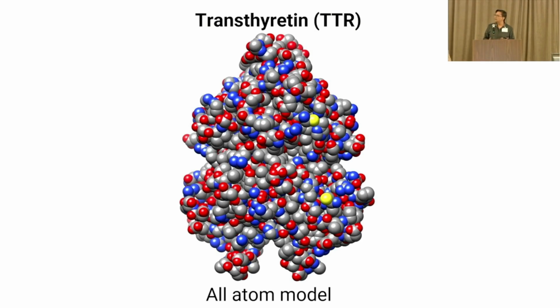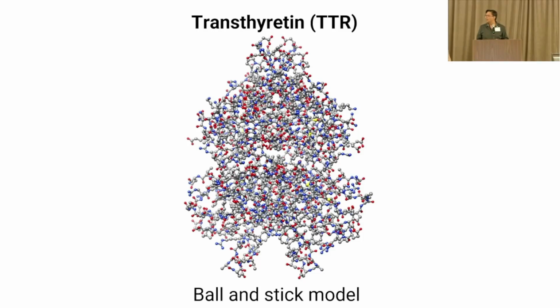The all-atom model basically tells you what the shape of the protein looks like. To me, it kind of reminds me of a roast chicken. You can see the 2 drumsticks down below and the wings wrapped over the breast, and there's the neck on top. But here's another model that you might remember from high school.